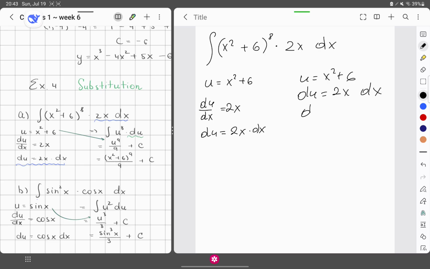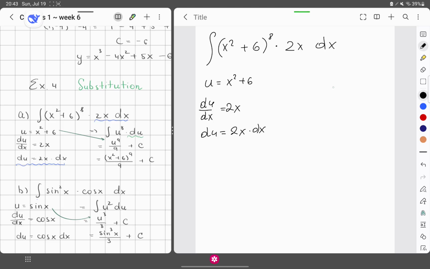Okay, what about dx? dx will be du over 2x. That's the same thing, okay? I can write either like this or like this, doesn't matter. But it's more practical because we are trying to find everything.